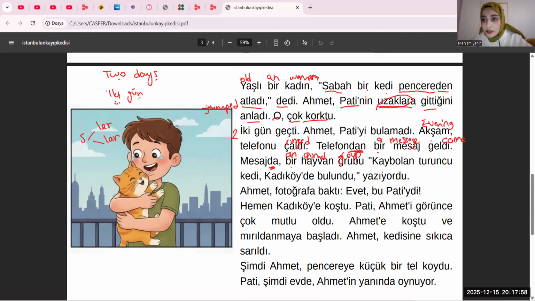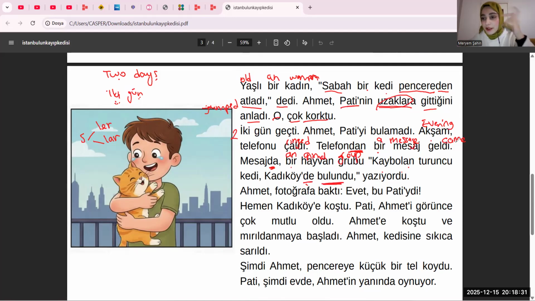Turuncu was a color which is orange. Kaybolan is like the one who got lost. It's like 5 different words, but in Turkish it's just kaybolan. Turuncu kedi. So the orange cat that got lost. Found in Kadıköy.